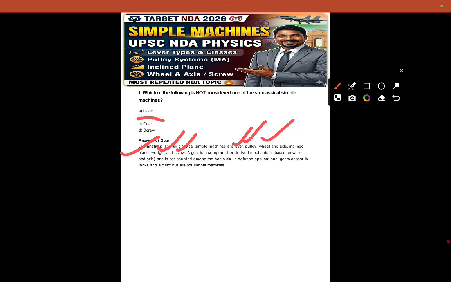There is no gear. A gear is a compound or derived mechanism. In defense applications, gears appear in tanks and aircraft but are not simple machines. It is compound and complex. The answer is gear.